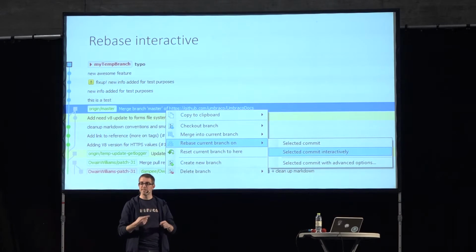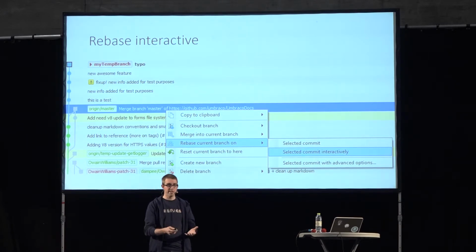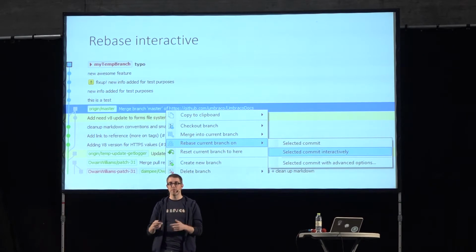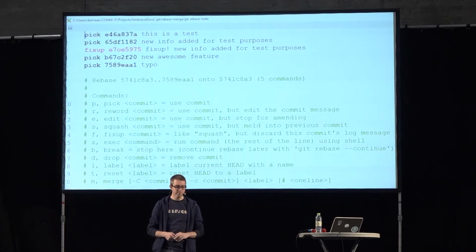So what we do, in this case it's Git Extensions, is we do a rebase current branch. That's the bold part on top. So the current branch is my head, where I'm currently working. And I want to rebase that on the selected commit, in this case the origin/master.